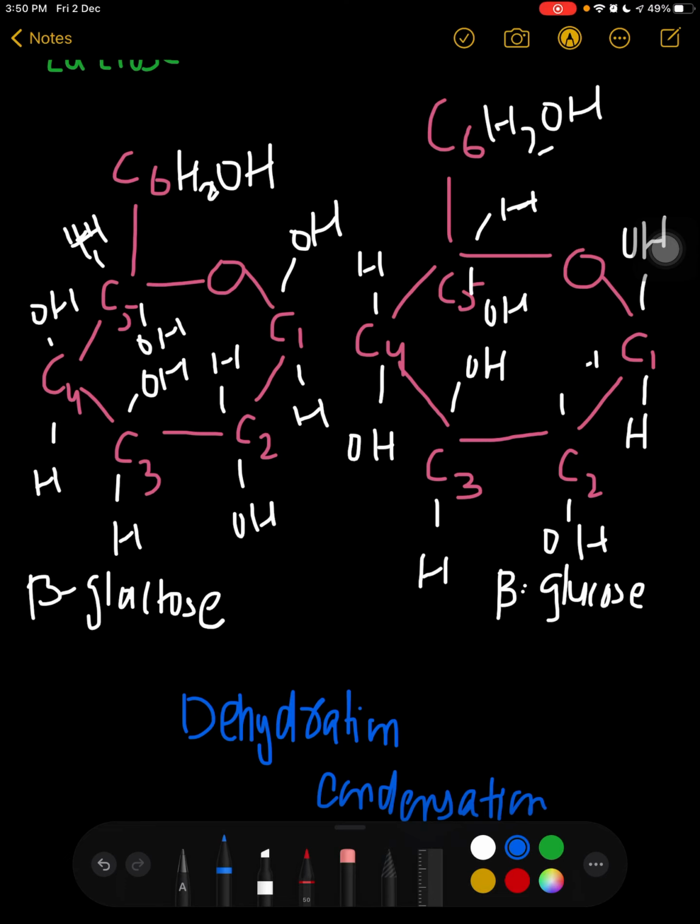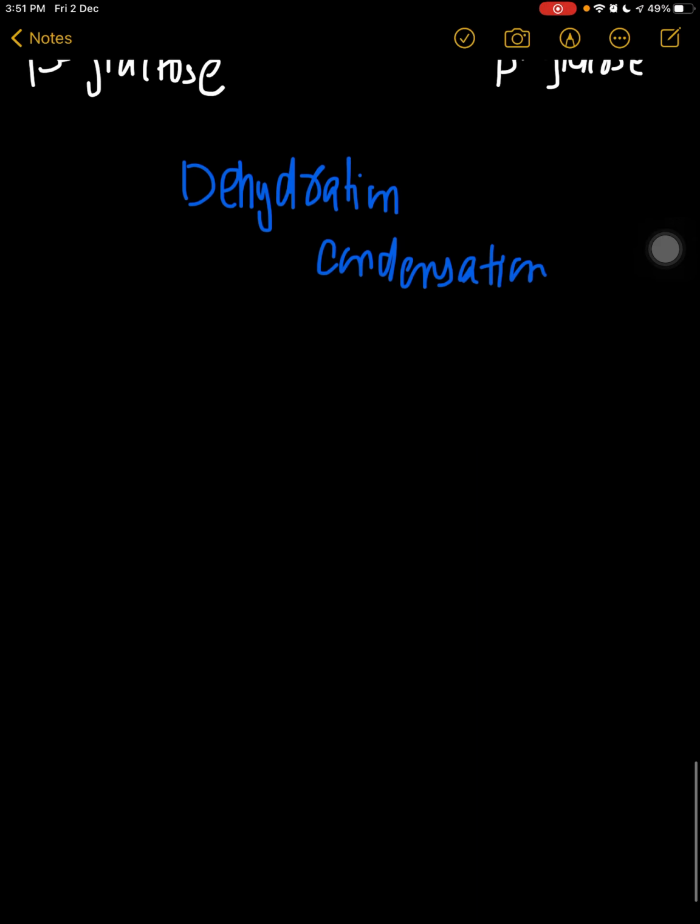So OH from glucose and H from galactose will be eliminated, minus H2O, and they will form a bond through oxygen like this.